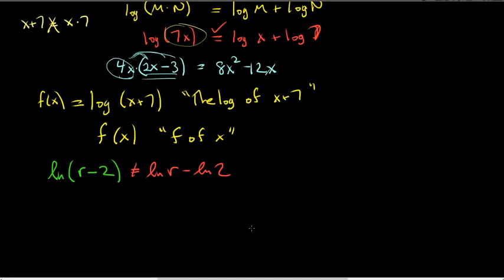Because the log of r minus 2 is not the log of r divided by 2, and subtracting and dividing are not the same thing. So just make sure you understand that this is definitely wrong. You cannot do that.